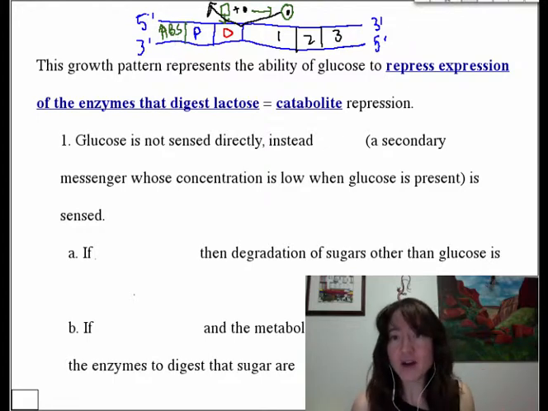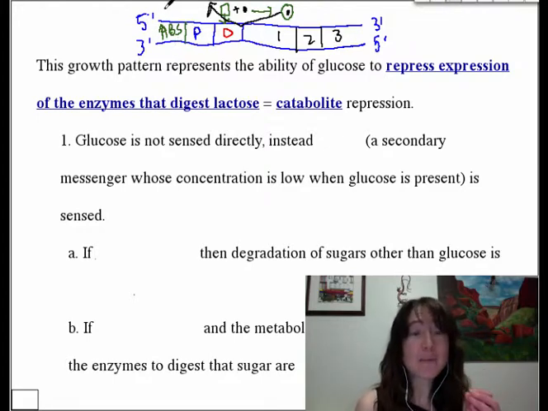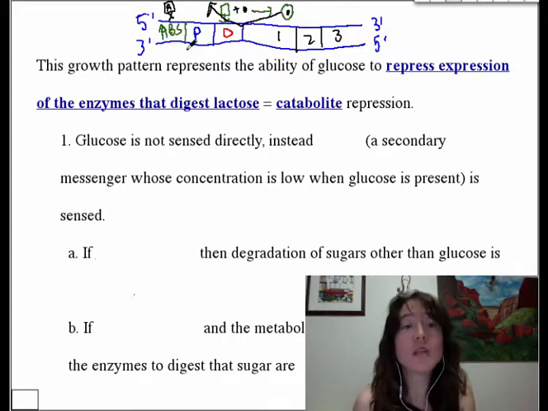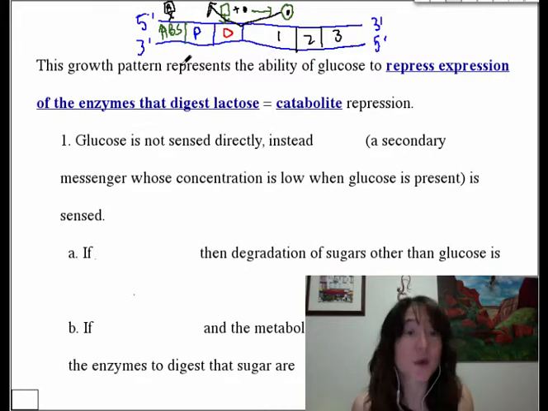Well, if we think about it, it must be stopping the activator, I'll just call it A, it must somehow be stopping that activator from binding to the activator binding site. That is, the presence of glucose must keep the activator from activating, and that's how it inhibits the expression of genes 1, 2, and 3.